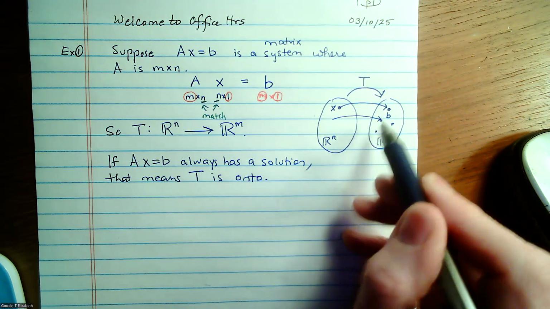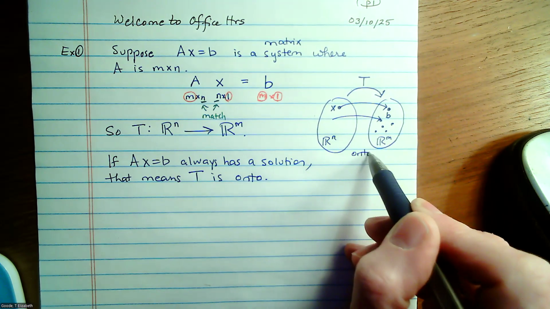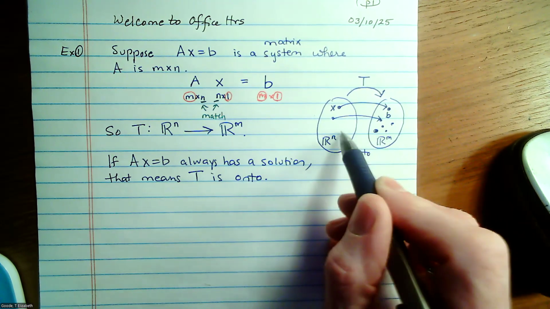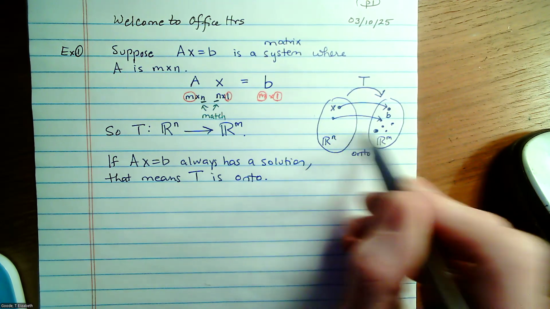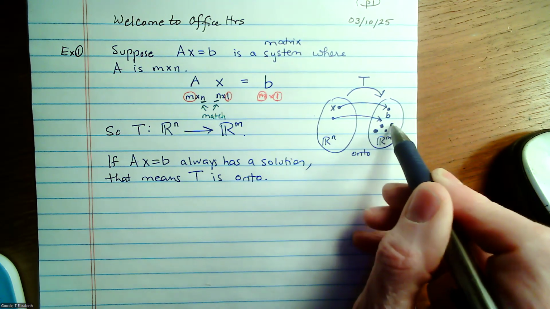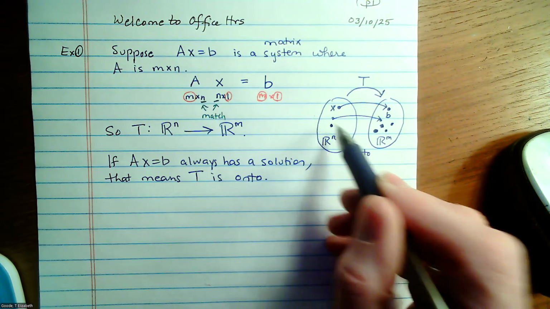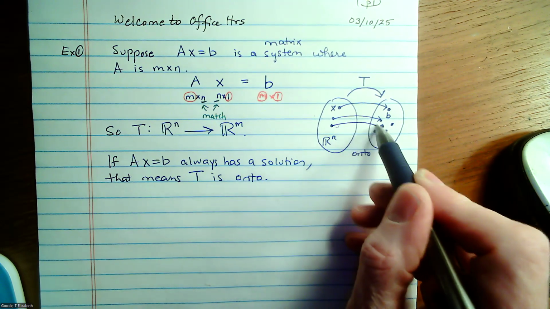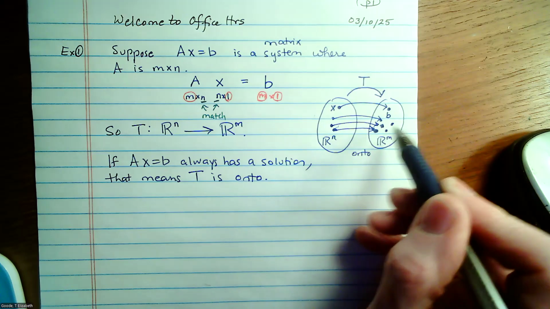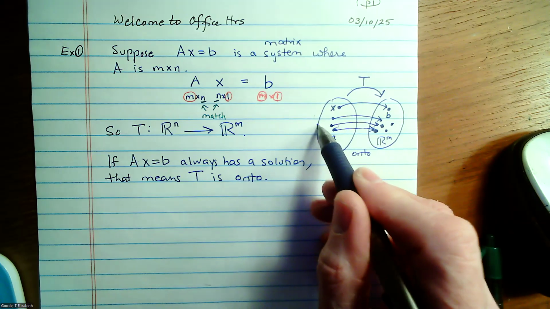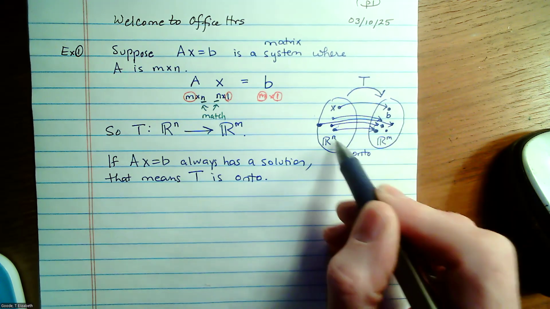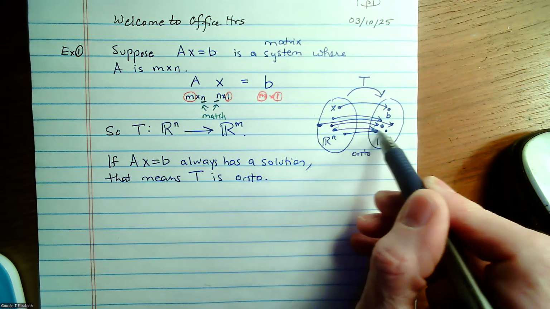So onto means no matter what element of the codomain you're shooting at, you can find a domain value that will map to that. I think about covering up the codomain.